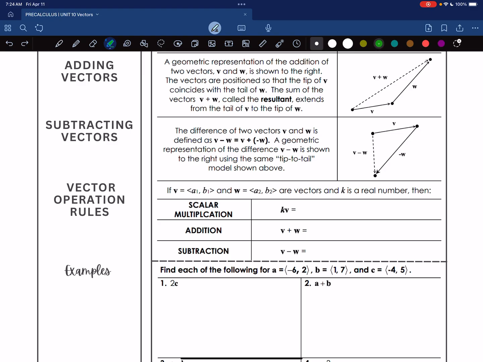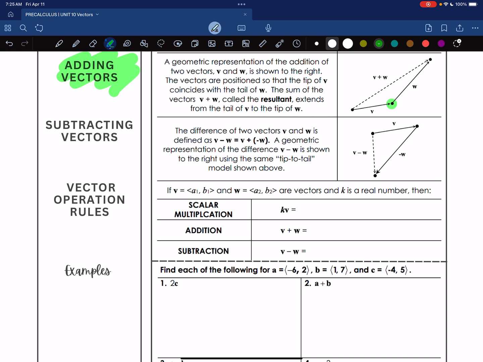Next, we're going to have the addition of vectors. When you are adding vectors, like you see illustrated here on the side, if you have two vectors, v and w, what's going to be happening is you're going to position them so that the tip of v coincides with the tail of w, which is that point right here.